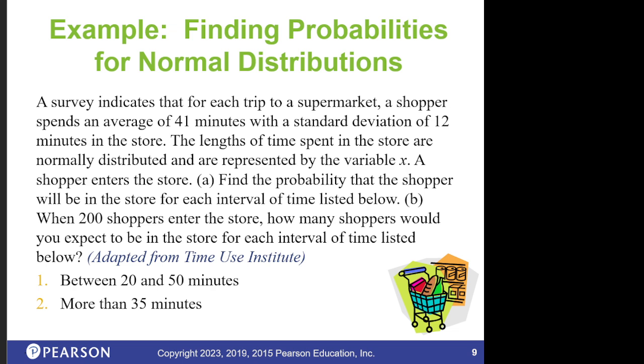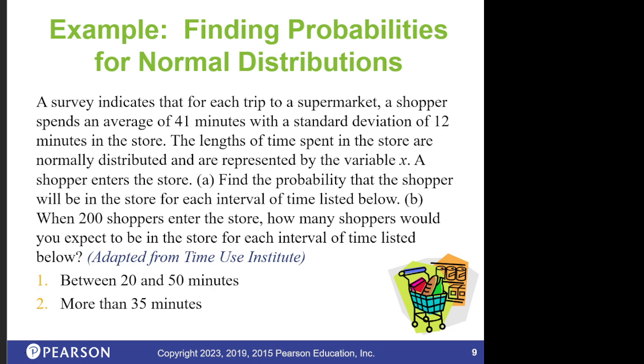So I'm going to put time 1, time 2, and time 3. If I go back to that problem, it was asking for between 20 and 50 minutes and more than 35. So 20, 35, and 50 are the times that are in the problem.